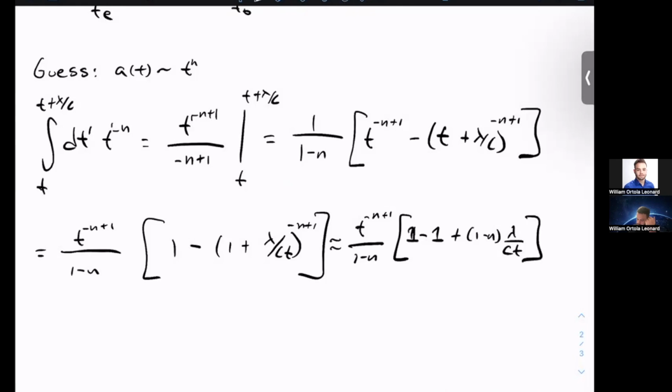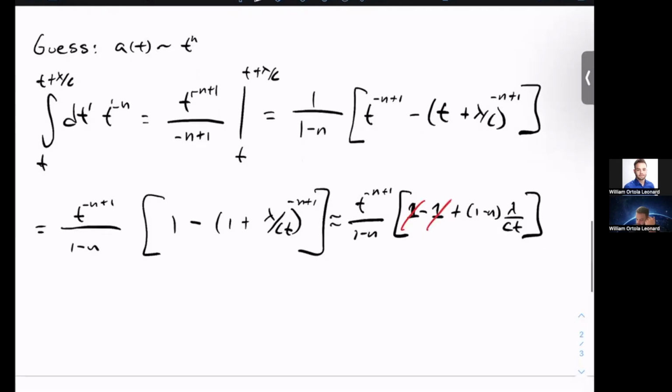As you can see, now these factors of 1 are going to cancel out. Then this 1 minus n is going to cancel out with the one that we have outside, and this t is going to cancel out with this one. And so this integral can be approximated as lambda over c times 1 over the scale factor.